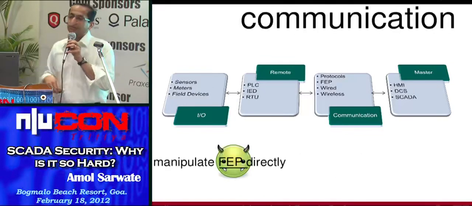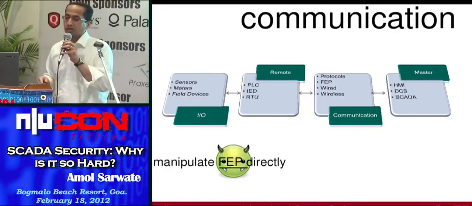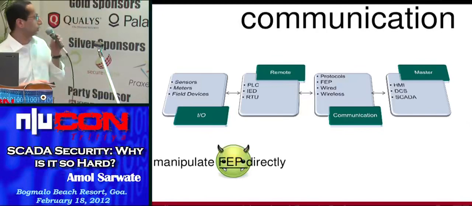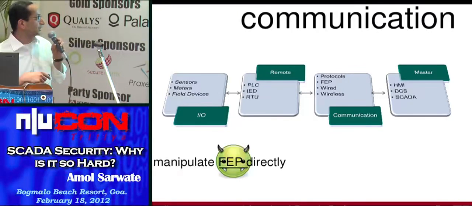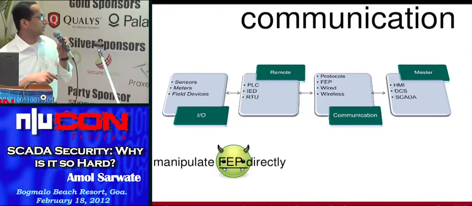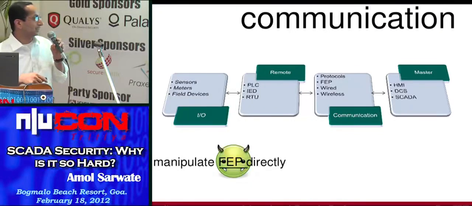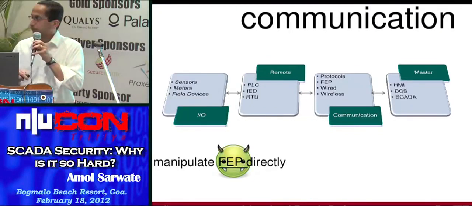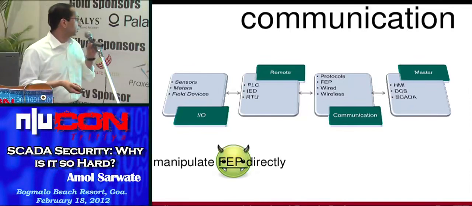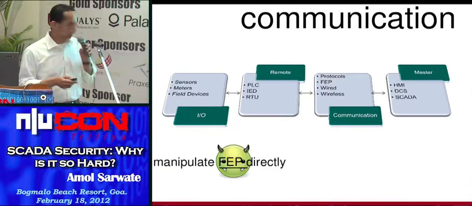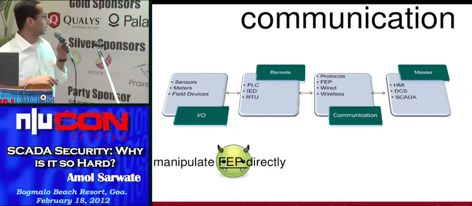So then we focused our attention mostly on threats which are communication threats. Once the analog or discrete signals are received from the sensors to the PLCs, they are converted into digital. There is this communication layer which is used to communicate these signals to the SCADA master. An example of one of the threats here is that you could manipulate a field equipment processor directly.